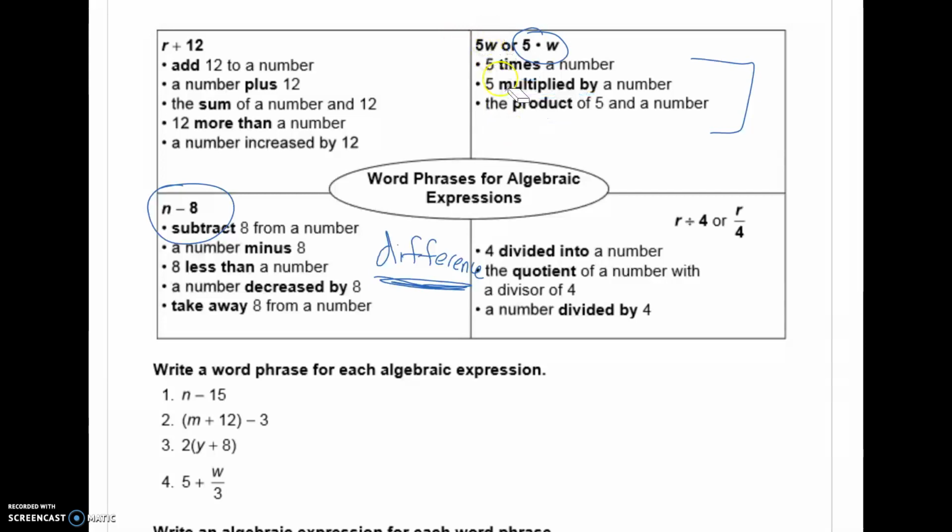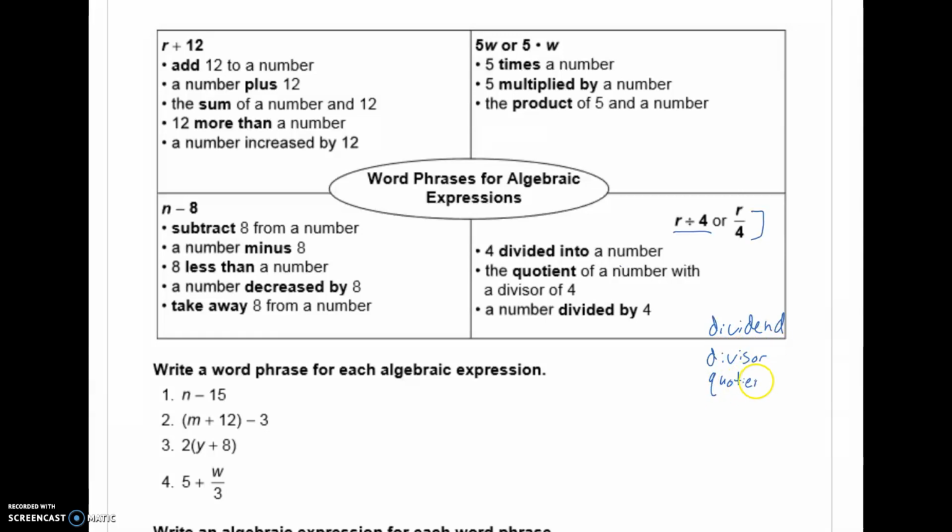All right, let's talk about division here. R divided by 4. You might see it written this way, R divided by 4. Okay, so 4 divided into a number. And this is where the definitions of a dividend, divisor, and a quotient are going to help.